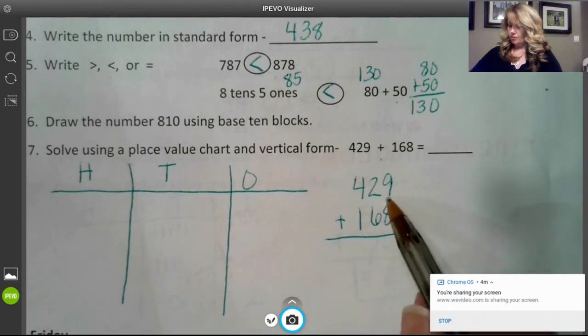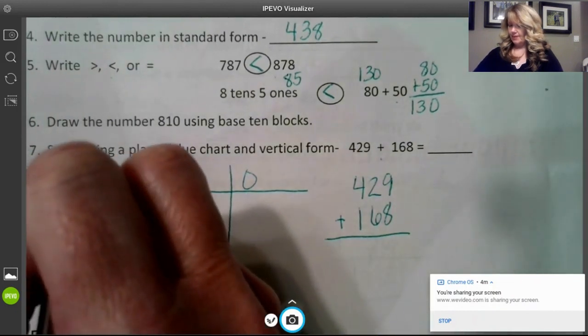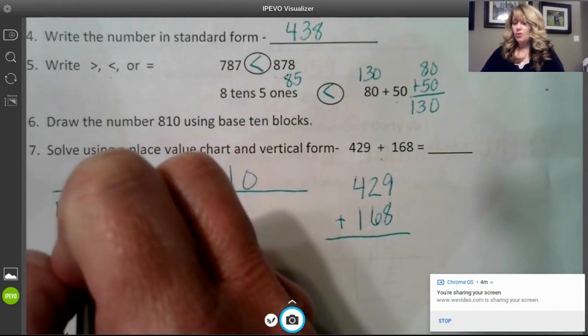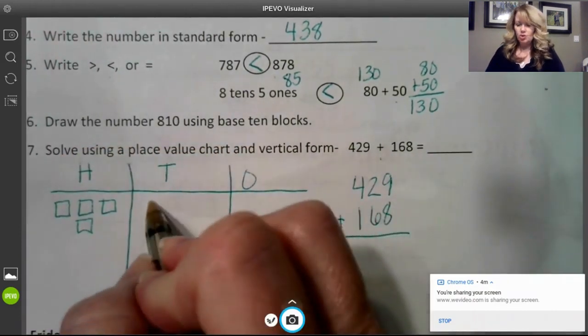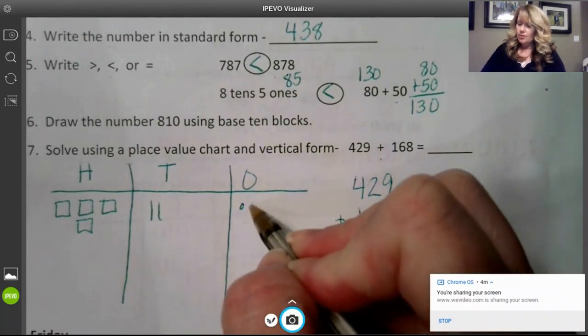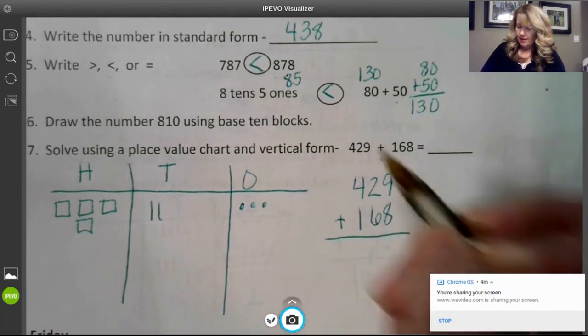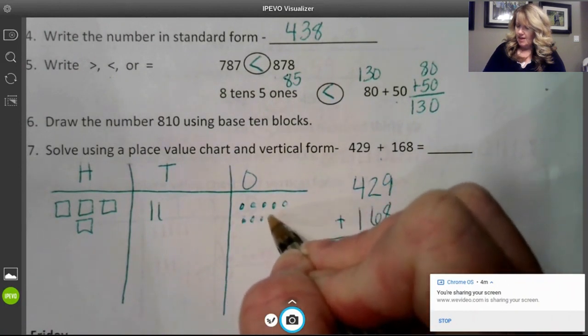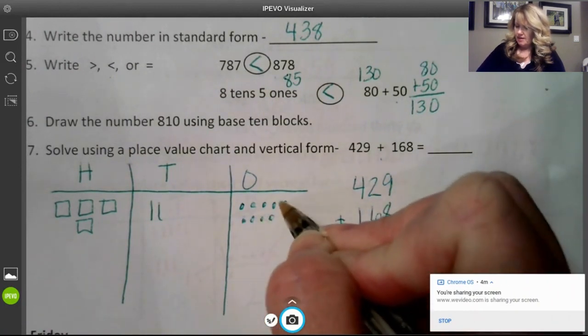I look at the sign we're adding, draw my line. Now, since we're adding, we're going to draw both sets of numbers here because we're combining them, we're putting them together. So our first number is 400. I need 4 boxes, 2 tens, and 9 ones.